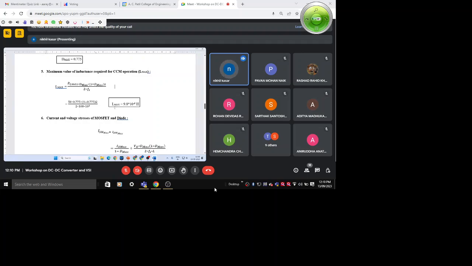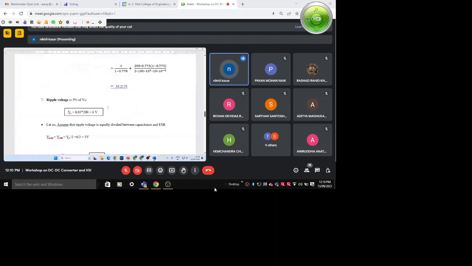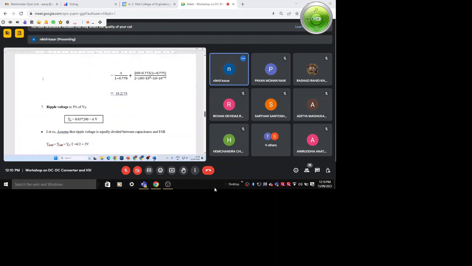Inductance, then now this is the output voltage we have, 8.03 volt.